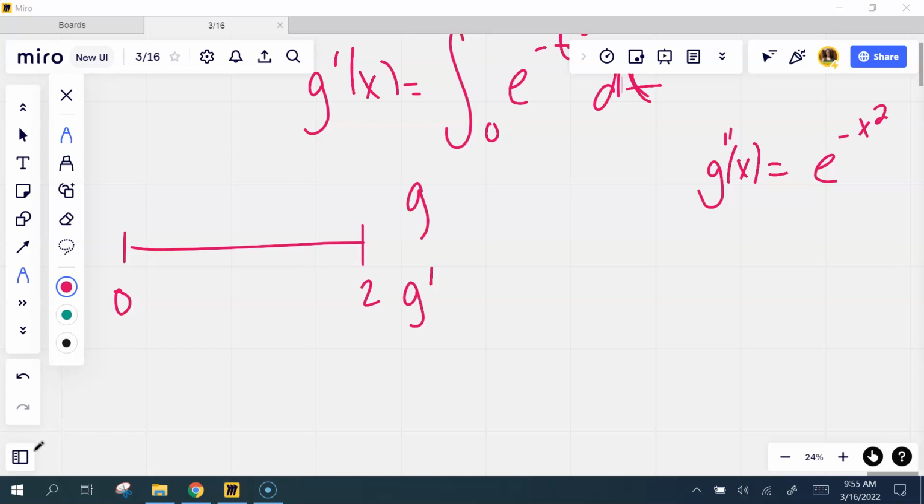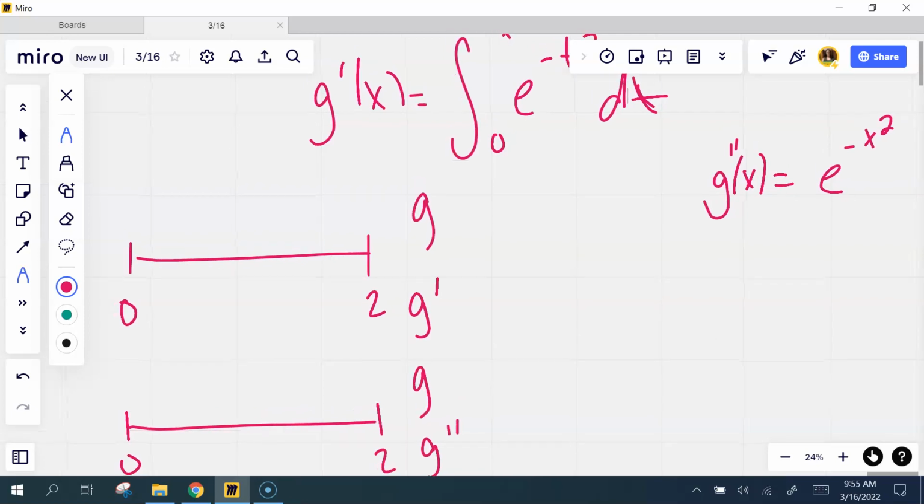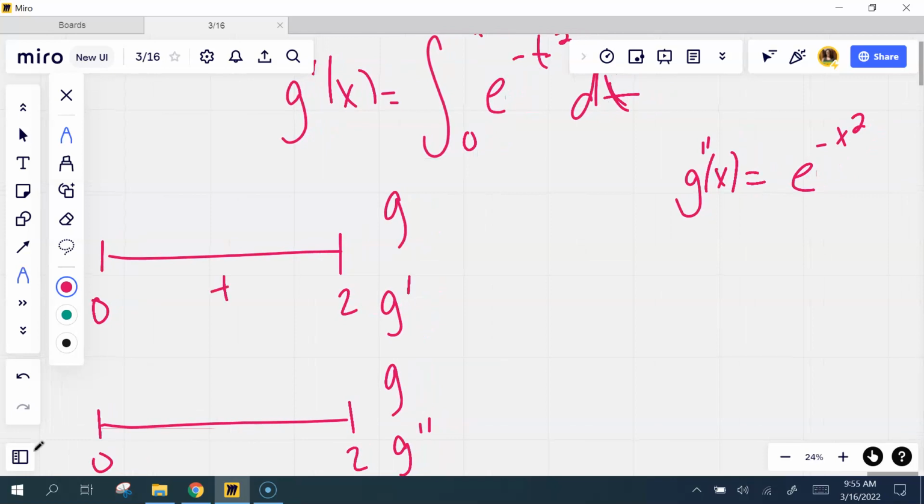This is increasing, decreasing. Second derivative tells me concavity. And I plugged in, if you plug in here, you'll find that it's always positive, and increasing here is always positive. So it's always concave up.